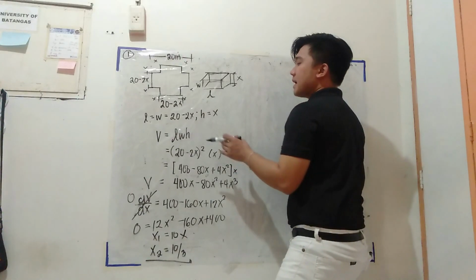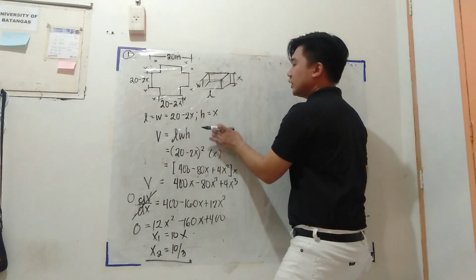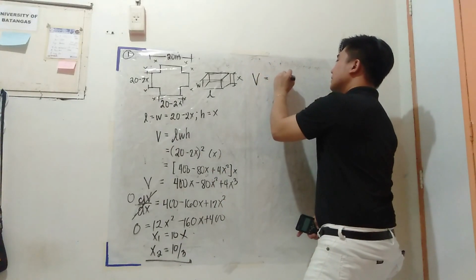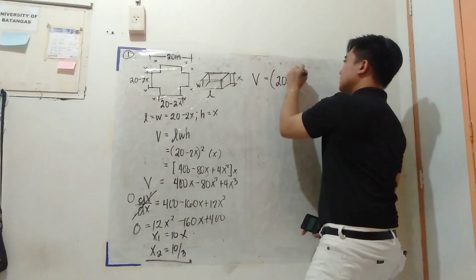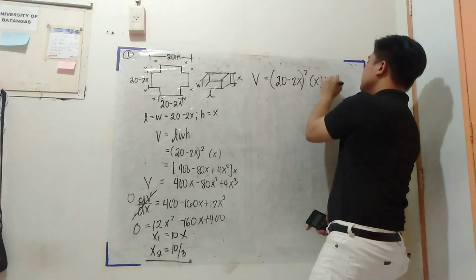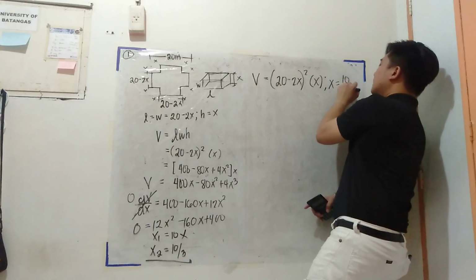Tinatanong ano daw yung maximum na possible na value ng volume nito. Remember that the volume is 20 minus 2x squared times x. So, we use x equals 10 over 3.